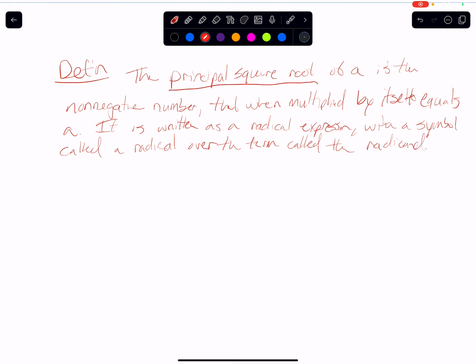So let's do an example using the product rule to simplify square roots. Let's start with the square root of 300, and our directions are to simplify.